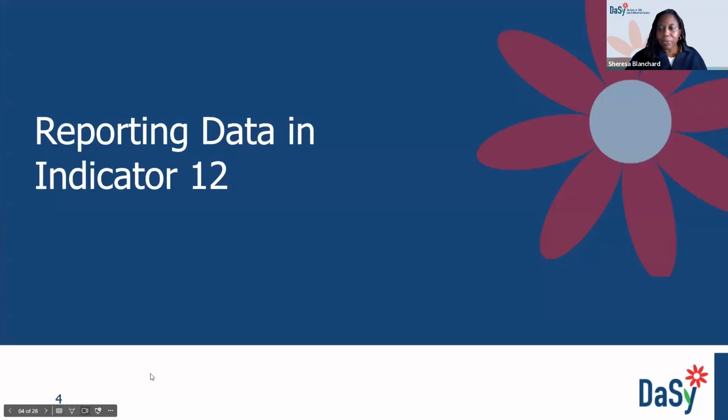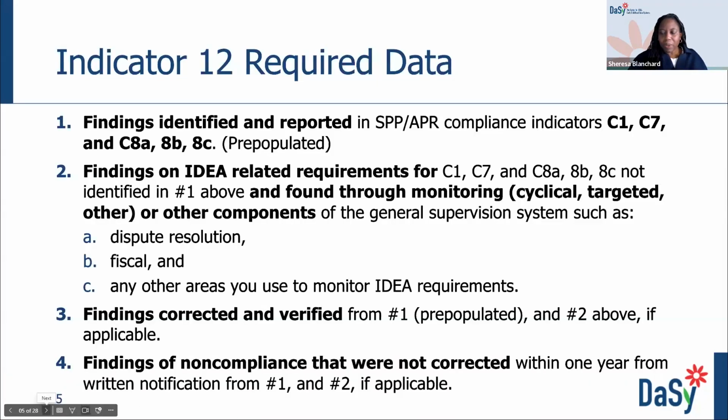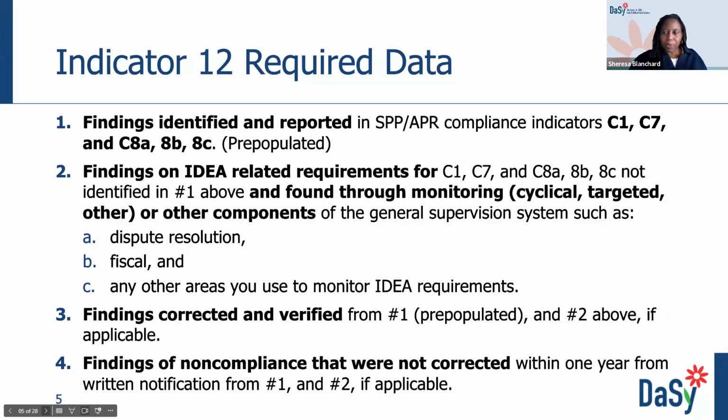All right, so now we will review reporting data in Indicator 12. On Indicator 12 required data, there are 4 areas we're going to review. First, we have findings identified and reported in SPP APR compliance indicators C1, C7, and C8A, 8B, and 8C, and those are pre-populated.